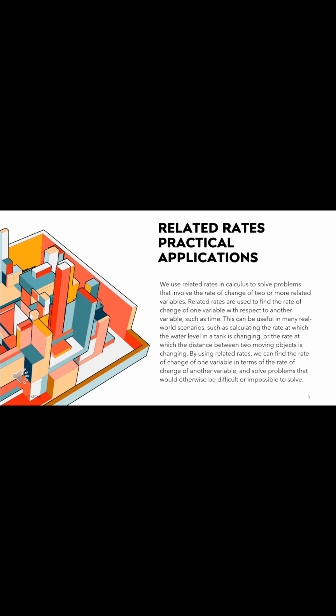By using related rates, we can find the rate of change of one variable in terms of the rate of change of another variable, and solve problems that would otherwise be difficult or impossible to solve. Related rate also helps us to better understand the relationship between the different variables and how they change over time.